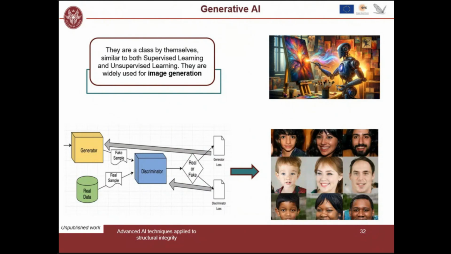They were playing a game against each other. By playing that game, by optimizing their weights during the training, the generator was capable, at the end, of generating very, very good quality images. Those are not real people, but they seem very real.